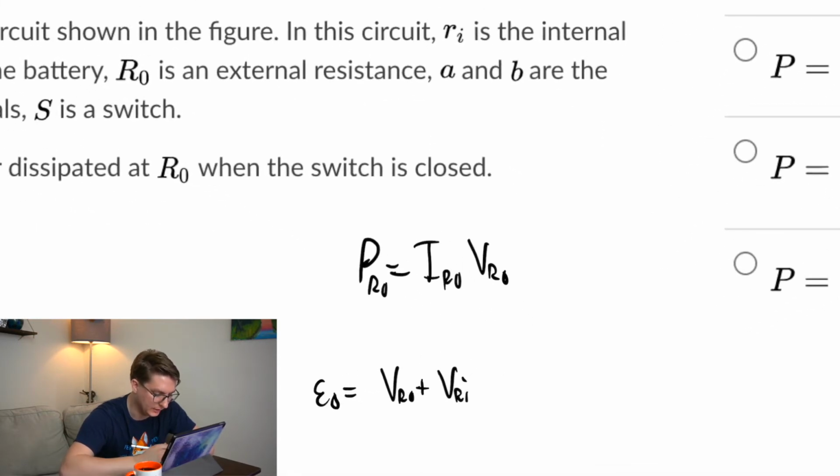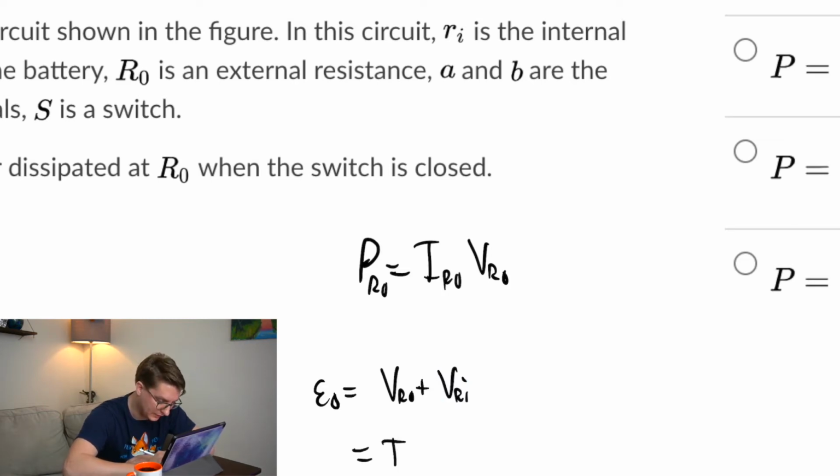Okay, and then we still haven't solved it because I don't know what this thing is right here. I don't quite know how to write that down. Well, again, we can keep working on this equation. We can use V equals IR. We can always use Ohm's law.